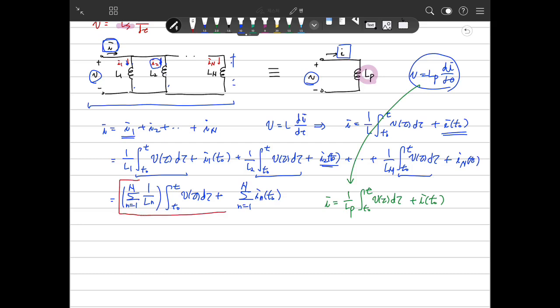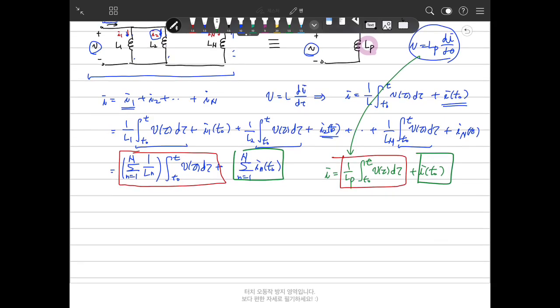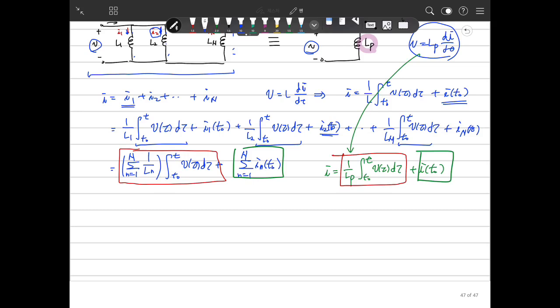So from here we know that this is the same as that, and that will be the same in here, so we can eliminate each other.